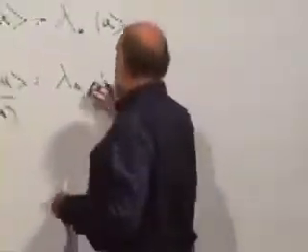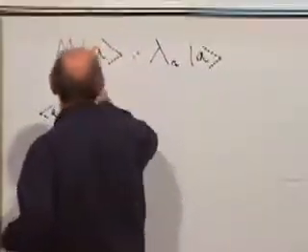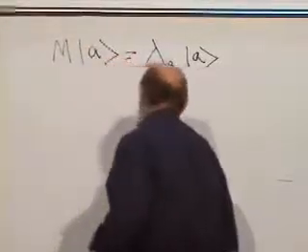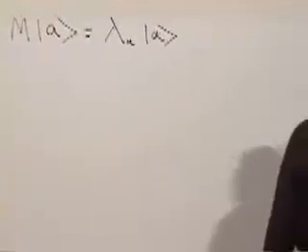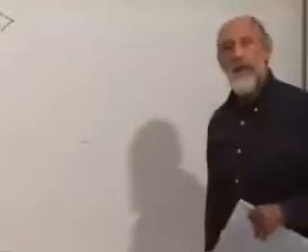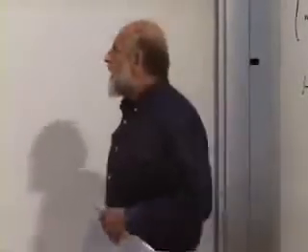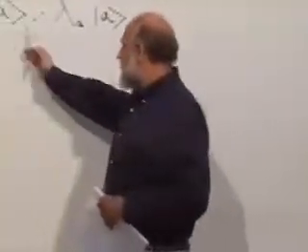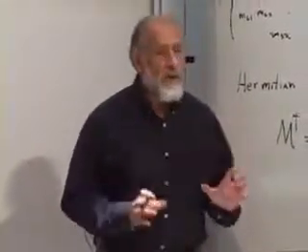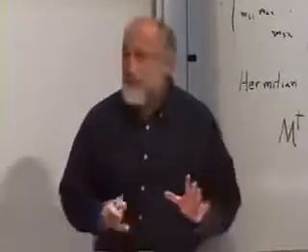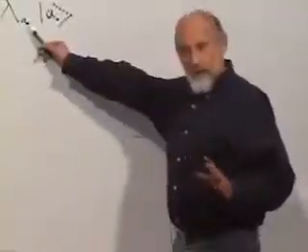Let me give you some examples. Oh, yes. The lambdas, the eigenvalues, are the values that you measure. The eigenvector that's associated with that particular eigenvalue, that eigenvector represents a state where when you measure the quantity M, with certainty you get value lambda.